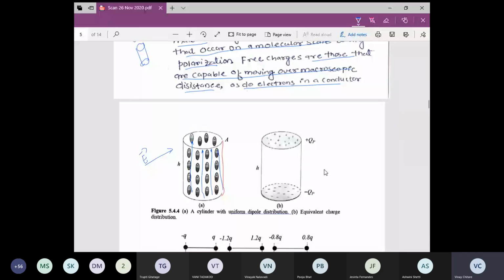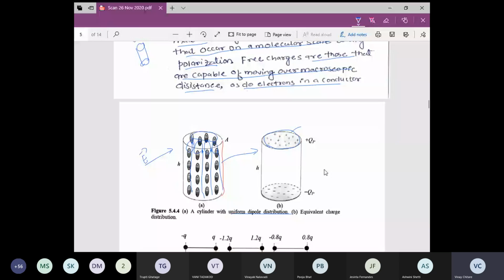Now we can draw an equivalent picture for this. You could see there is a cancellation of positive, negative, positive, negative, positive, negative, and on the upper face you have a net positive charge density.